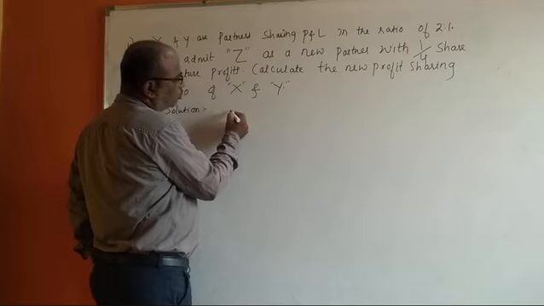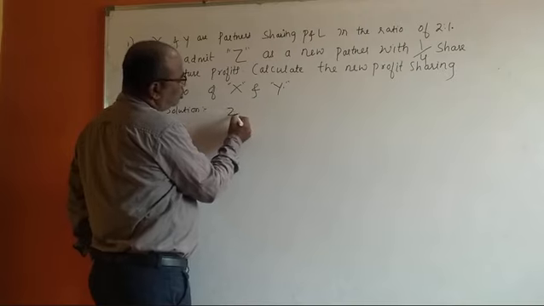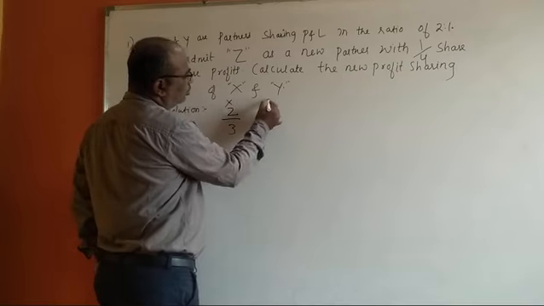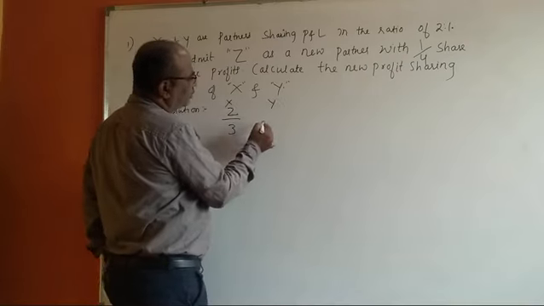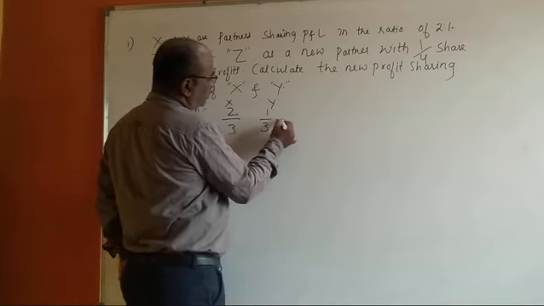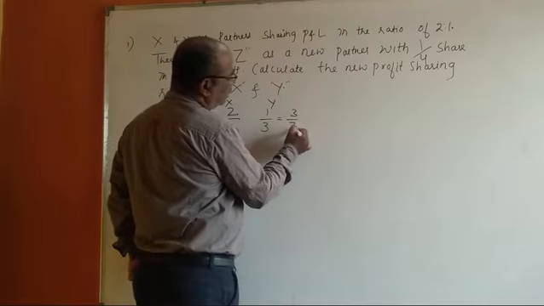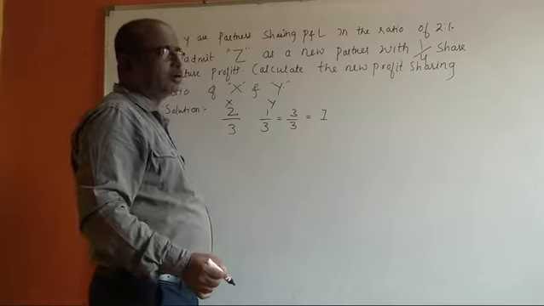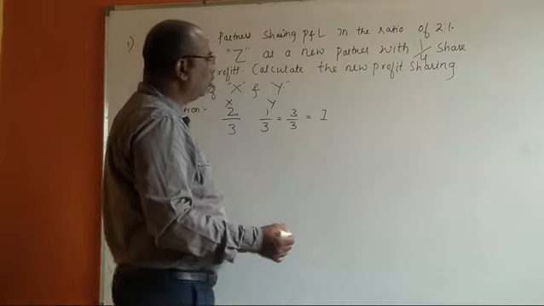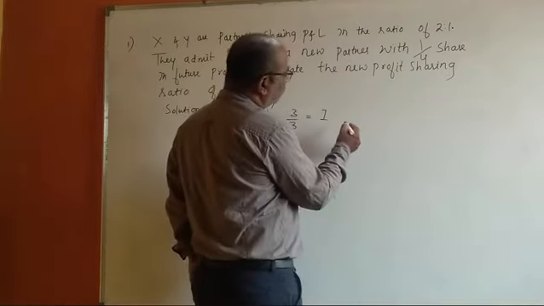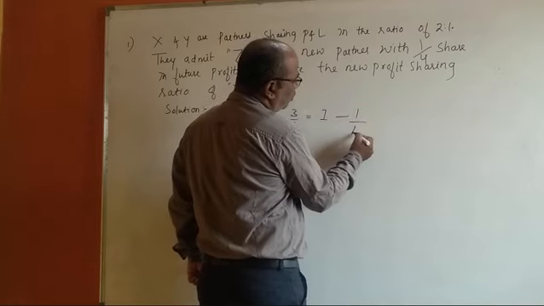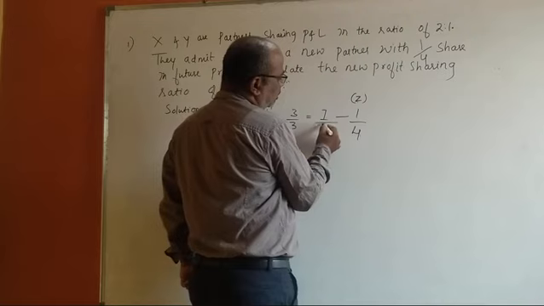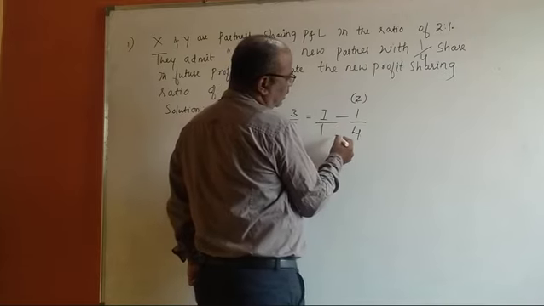Always profit equal to how much? 1. So 2/3 X old ratio, Y old ratio is 1/3 equal to 3/3 equal to 1. So always profit is equivalent to how much? 1. So now how much they are supposed to give to Z? Minus 1/4 towards the share of Z. So if denominator is not there, consider it as 1.